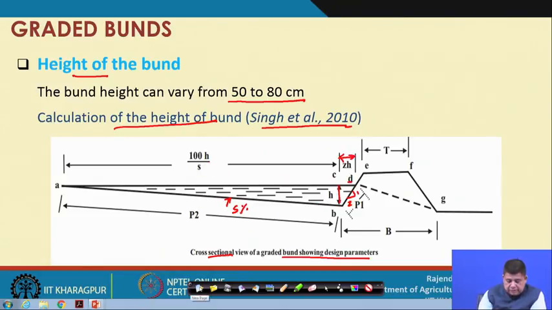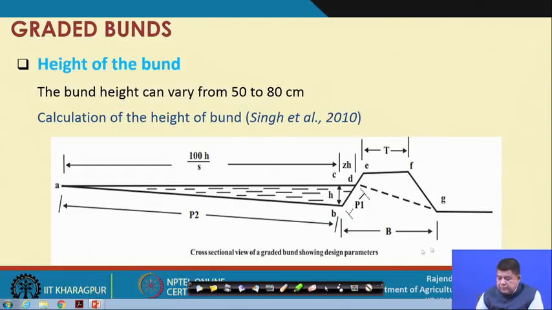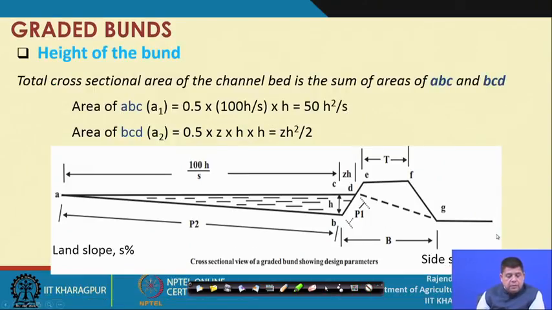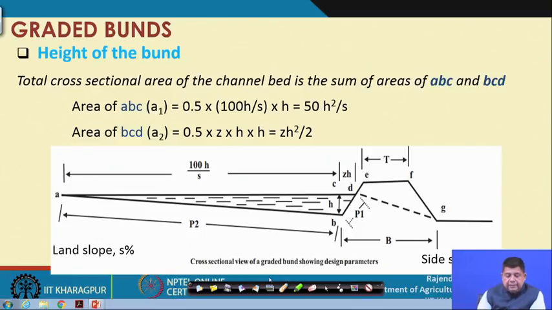With these definitions, the total cross sectional area of the channel bed will be the sum of areas of ABC and BCD. So, this is one triangle, this is the second triangle.